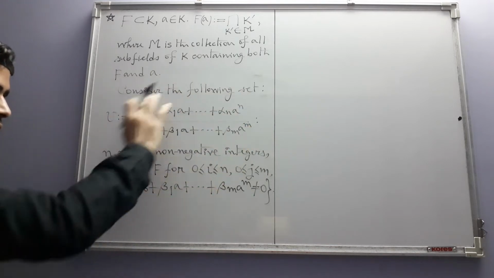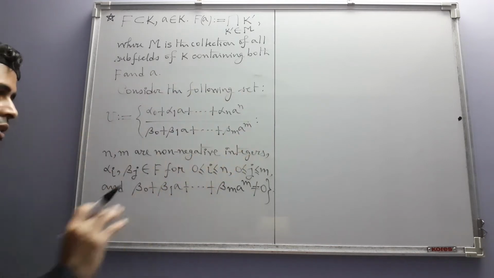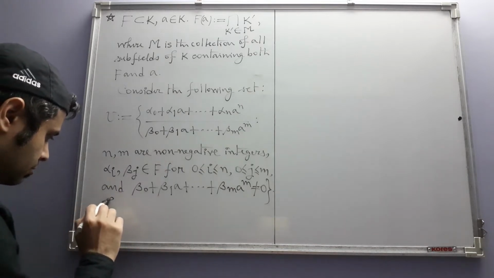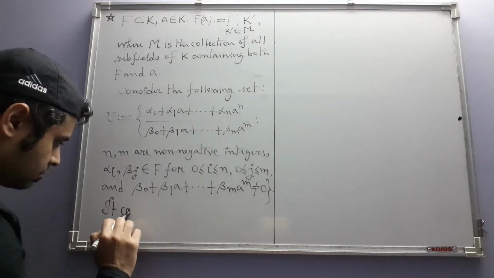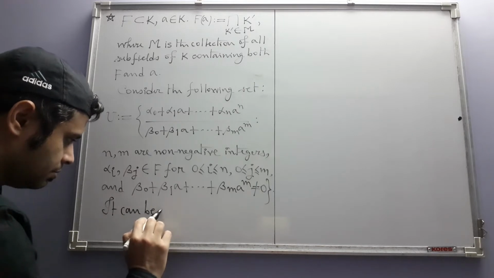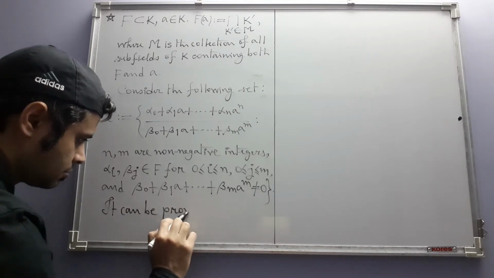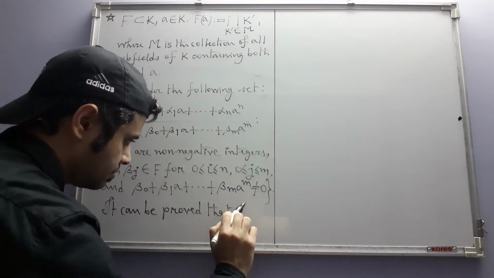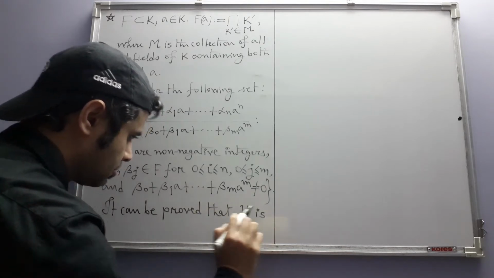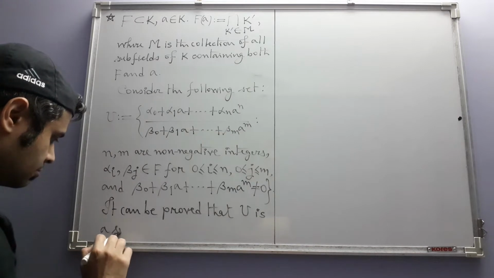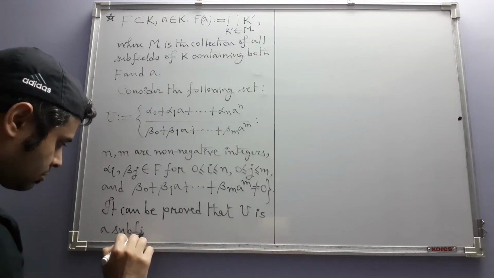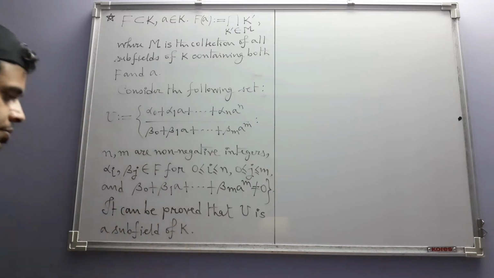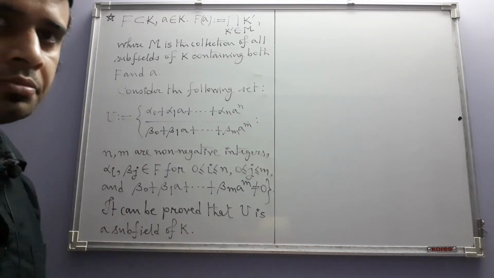So all of these are elements in K, so U is a subset of K. It can be proved that U is a subfield of K.